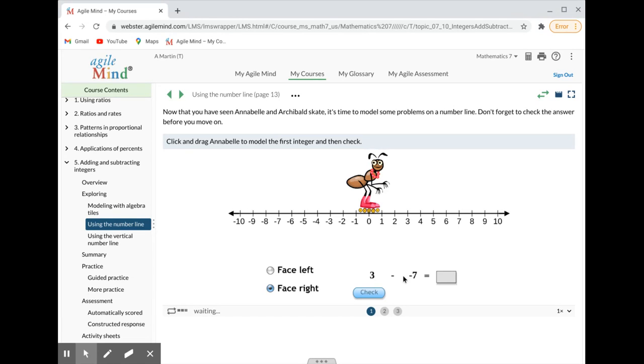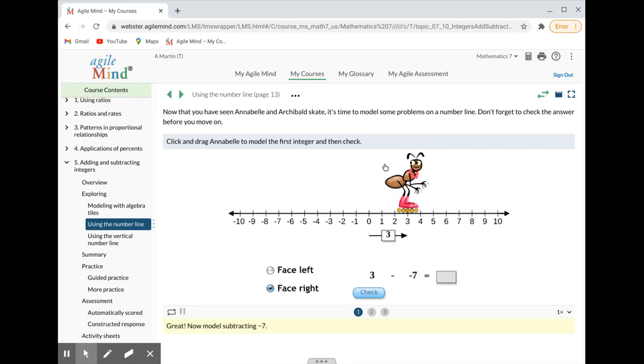So what way do you want Miss Annabelle to face, and what do I need to do? Go right. Good. 3 times and left 7 times. All right, so we're at 3. So we checked it, and then we're going to go back because it says minus negative 7.